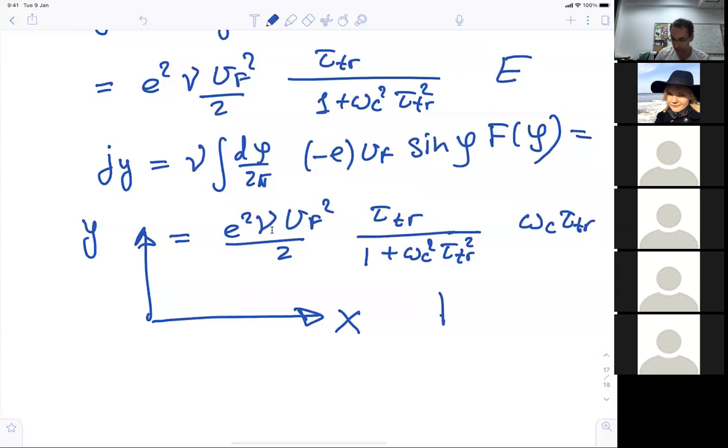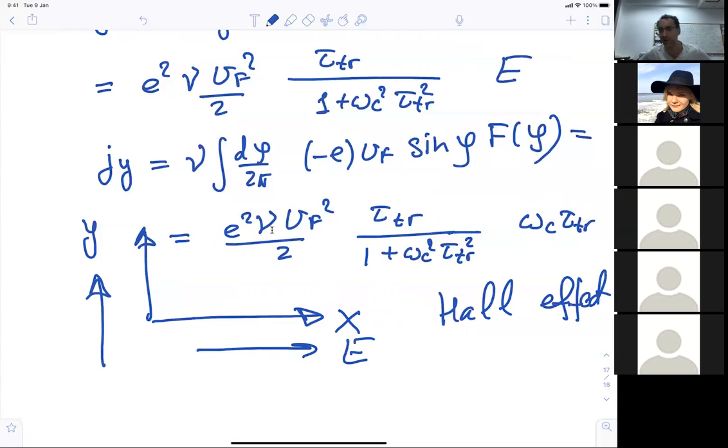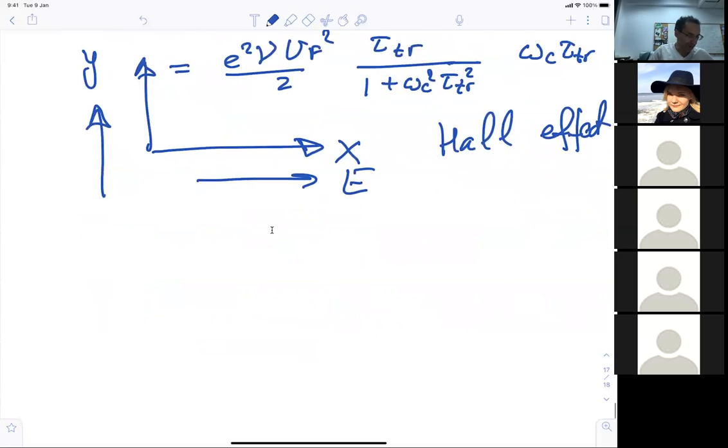And this is the Hall component of the current. So this is a classical Hall effect. I'm getting current which flows in the direction which is transversal to the direction of the applied electric field. So if I present my current operator as a response at frequency omega to the electric field, now my sigma, I wrote it as a function of frequency, so that's not necessarily DC, but my electric conductivity is now a matrix.